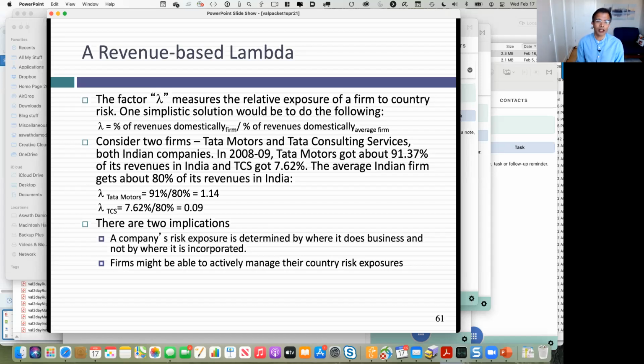The typical Indian company gets about 80% of its revenues in India. See where I'm going to go? Divide 91 by 80, I get 1.14 as my lambda for Tata Motors. Divide 7% by 80, I get a lambda of 0.09 for Tata Consulting Services. Extremely simplistic. You need to know the average company's revenues domestically, but you can compute lambda.